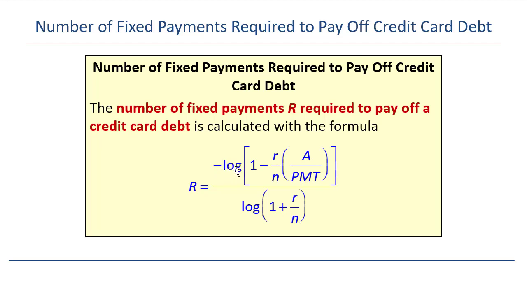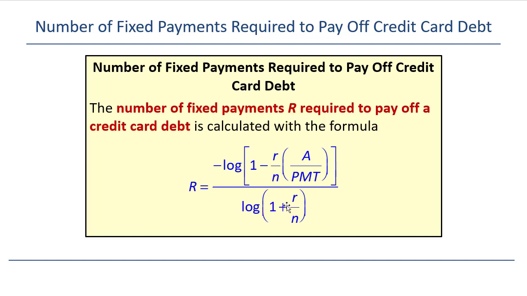So you have the negative log base 10 of 1 minus R over N times A over P. A is the total amount owed, P is your payment, R is still your interest rate, and N is the number of compounds per year or the number of payments per year. In this case, it's going to be 12 because you're pretty much always doing monthly payments.